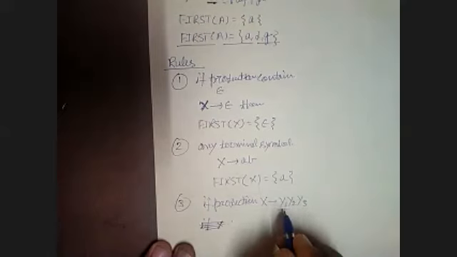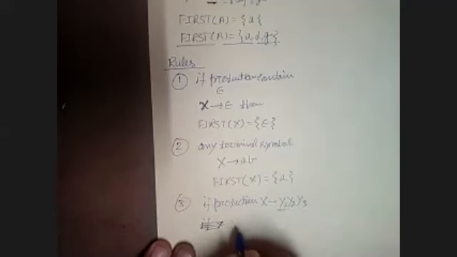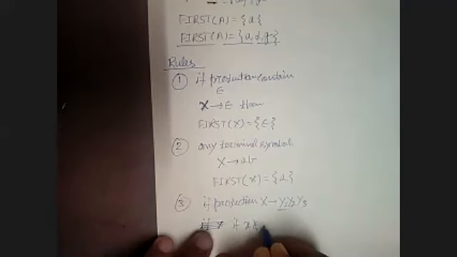If that particular production contains epsilon, right? So we find out again the next non-terminal symbol's first, right? So the simple meaning is if X does not contain, right, epsilon.